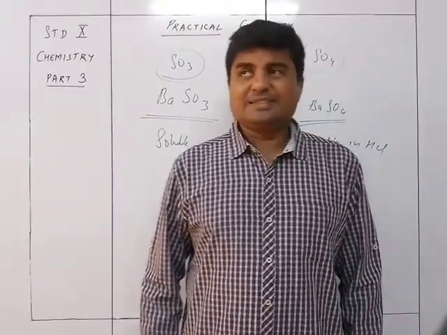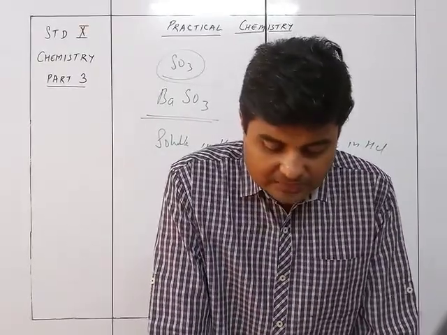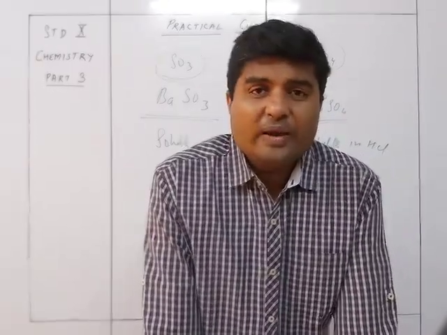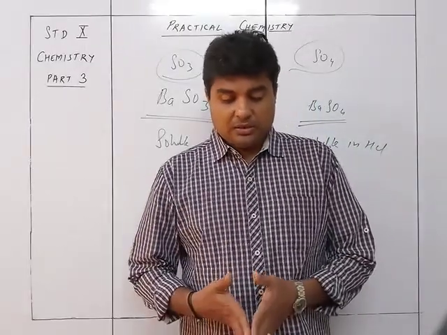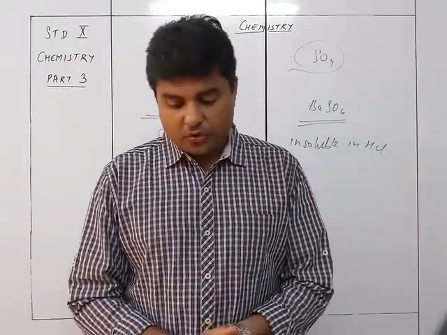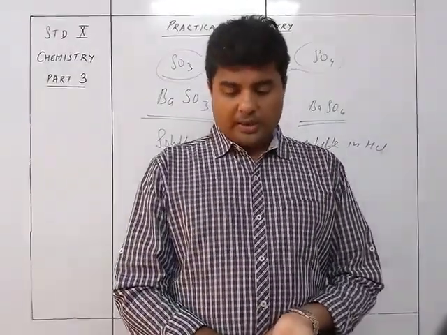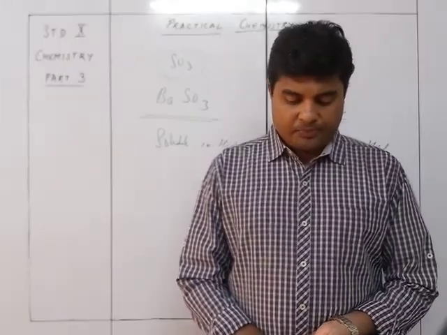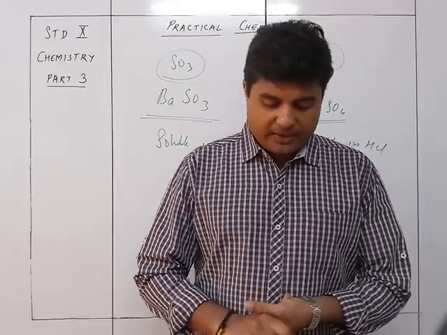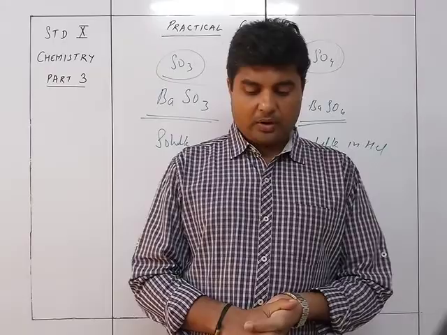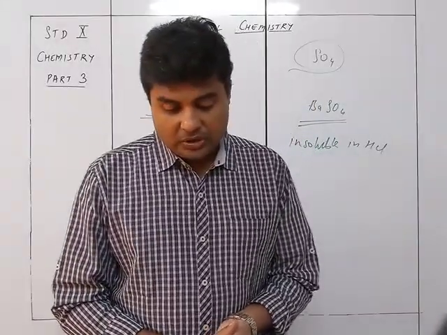The last one is nitrate. For nitrates, NO3, we know very well that salt plus Cu plus H2SO4 will give NO2 evolved. NO2 is given out when heated with concentrated sulfuric acid.